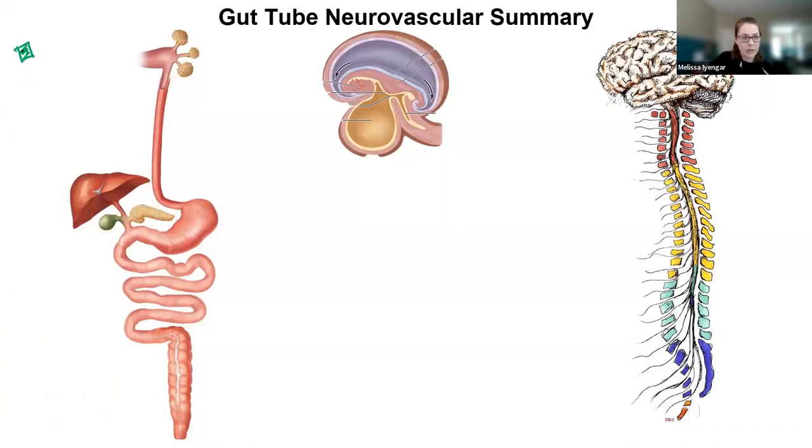So green is going to be parasympathetic. This slide is actually on the supplement for 2.1 at the back. And purple is going to be sympathetic.